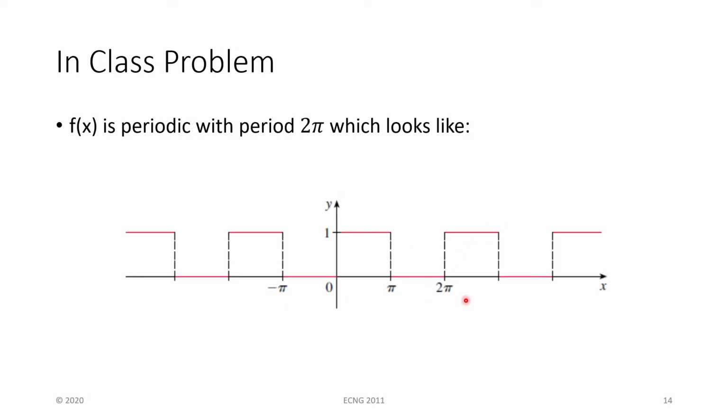So the first thing that we'll do is draw out our equation to see what it looks like physically. Between 0 and positive pi we have a value of 1, and between 0 and negative pi we have a value of 0. And because we know that the signal repeats itself every 2 pi cycles, we just draw repetitions of the signal itself.